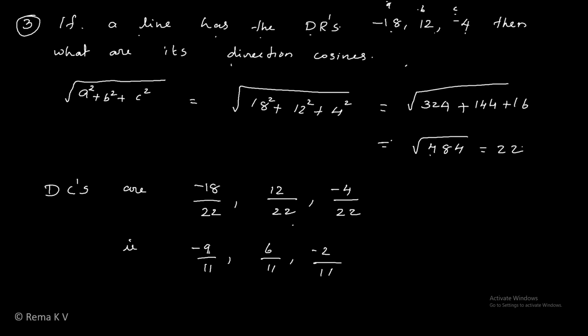That is, we can write this as minus 9 by 11, 6 by 11, and minus 2 by 11. Is it clear now?